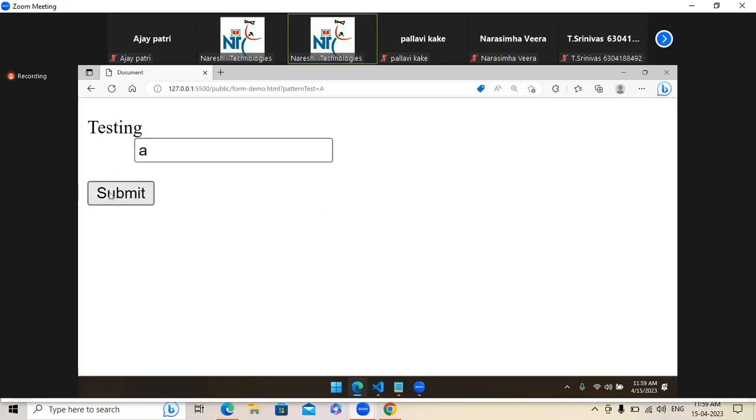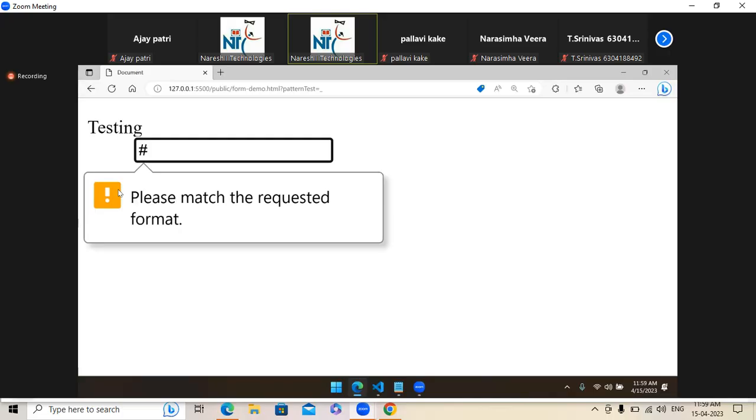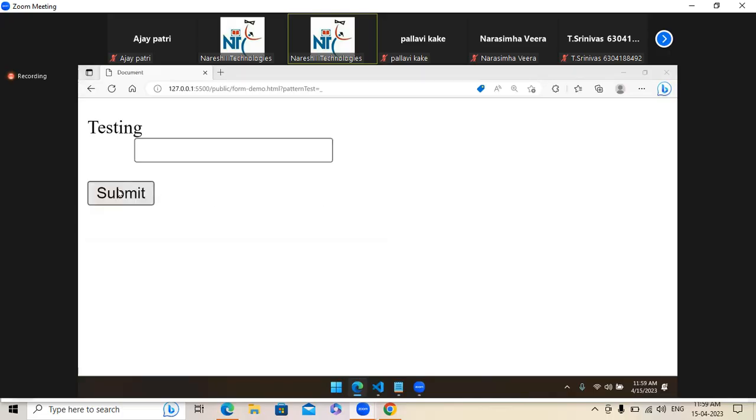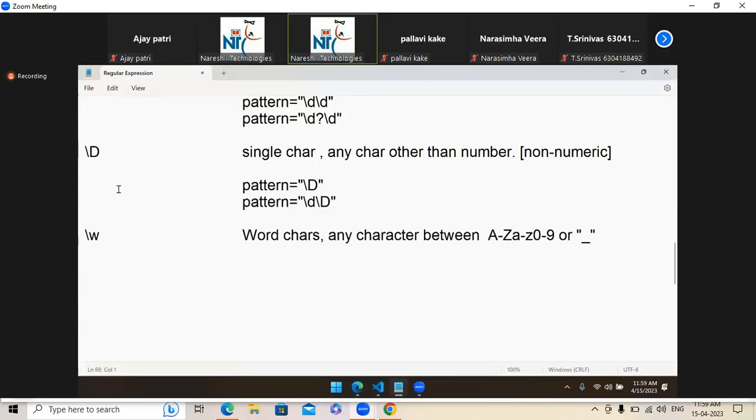Lowercase alphabet is working. Number is working. Underscore is also working. But hash is not working. That means only these characters are allowed. So we call them word characters, pattern \w.